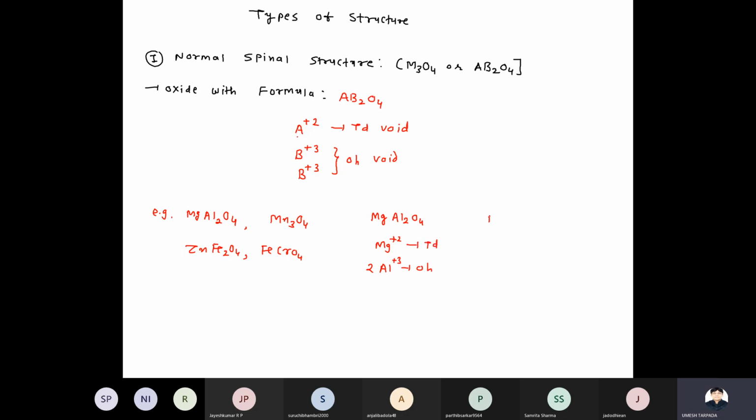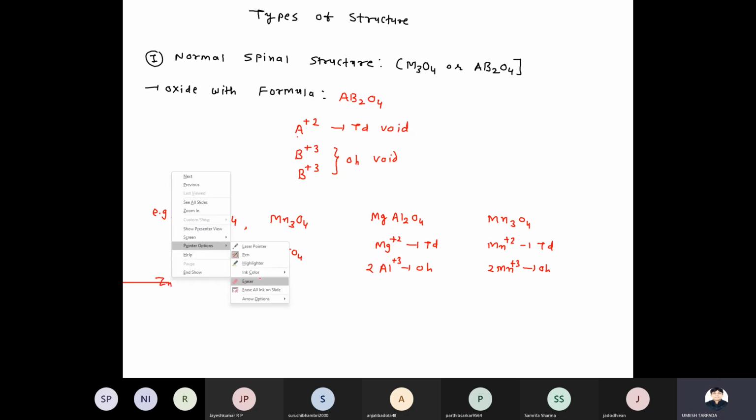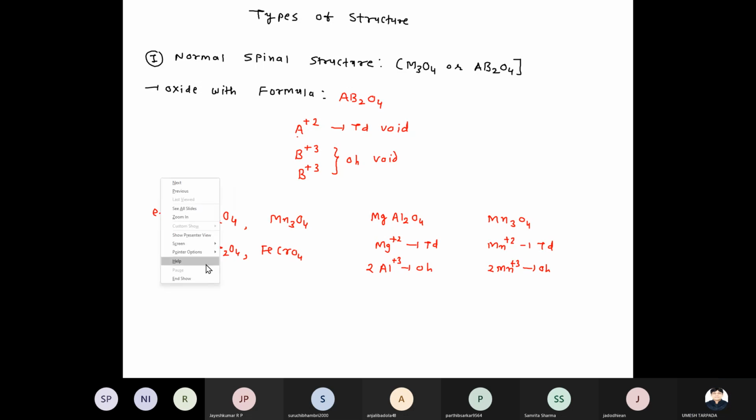In the second structure, Mn3O4, one metal is in a +2 state and the other two are in a +3 state. So Mn+3 occupies the octahedral void again, and Mn+2 is in a tetrahedral void. Similarly, in the case of ZnFe2O4, you have Zn+2 and Fe+3.